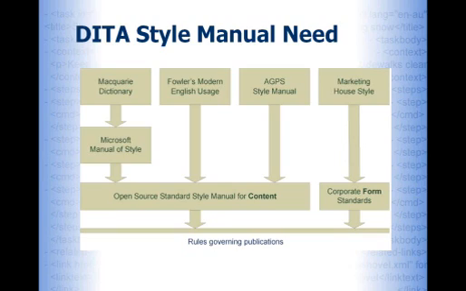And that's another point I should make here: in my research I found that the Chicago Style Manual started all those years ago as a set of papers stapled together, and it slowly grew to become the big heavy book it is today. So what you see currently with the DITA Style Guide is probably unlikely to be what it will be like in 10 years' time, when it's an open source standard style manual in some sort of wiki form. So that's the big picture, I guess.